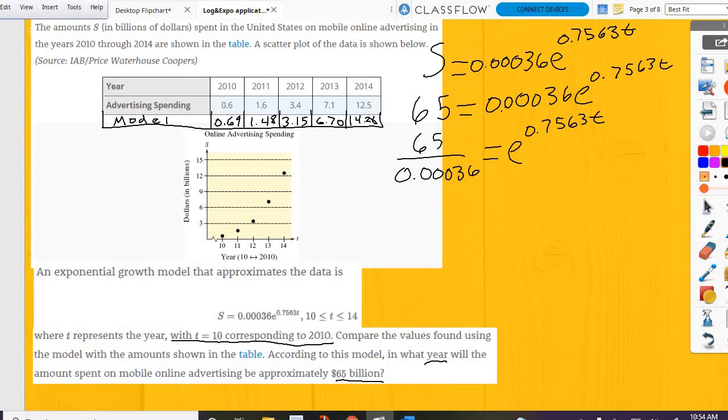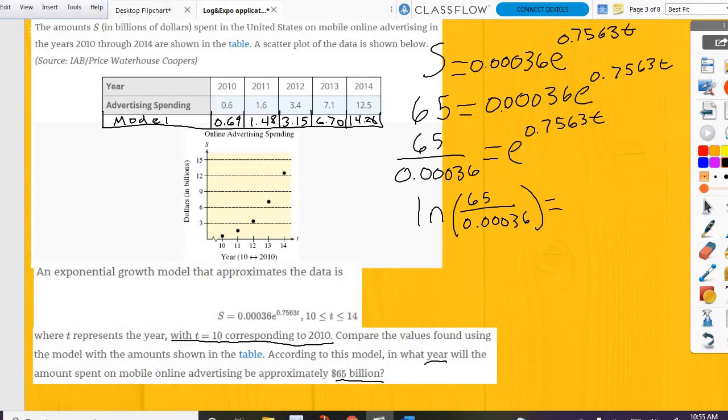So then what's our next step? How do I get rid of the exponential? Take the natural log of both sides. So when I do that to the left side, I get the natural log of 65 divided by 0.00036. And then what's going to happen on the right side when I take the natural log?